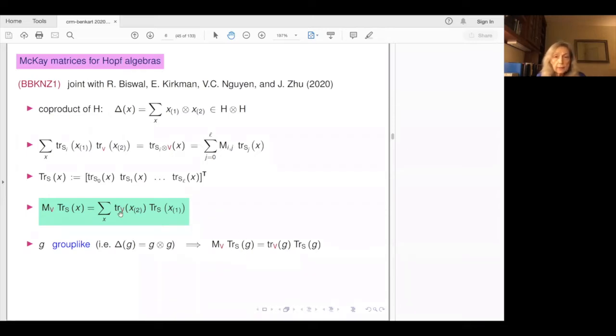And in that case, this equation reduces to the same equation we saw before for the groups. And if you set g equal to 1, then the trace is just the trace of the dimensions, this trace vector, and you recover the result of Grinberg, Huang, and Reiner.